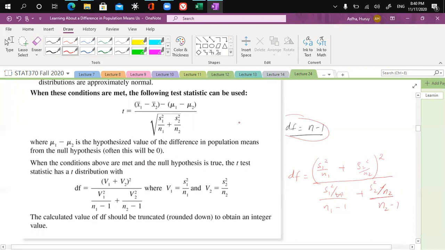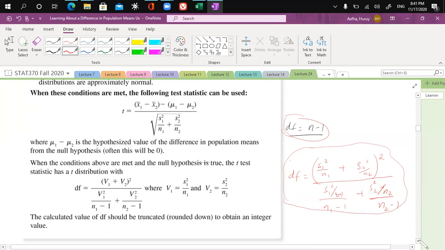It takes time, of course, even to calculate it. But this is how we approximate the degrees of freedom, because now we are combining two samples and it's not straightforward. It's given by this formula, okay?